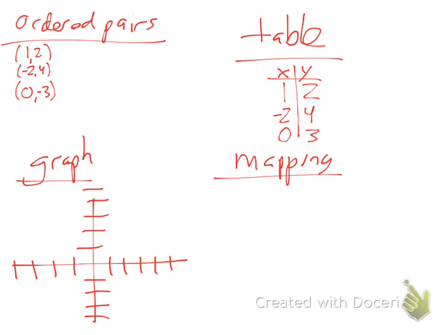But then you just have to plot it, like 1, 2, -2, 4, somewhere about there, and 0, 3. So we have those 3 points. They don't have to make a line, they don't have to make anything fancy, they're just a bunch of points right now.